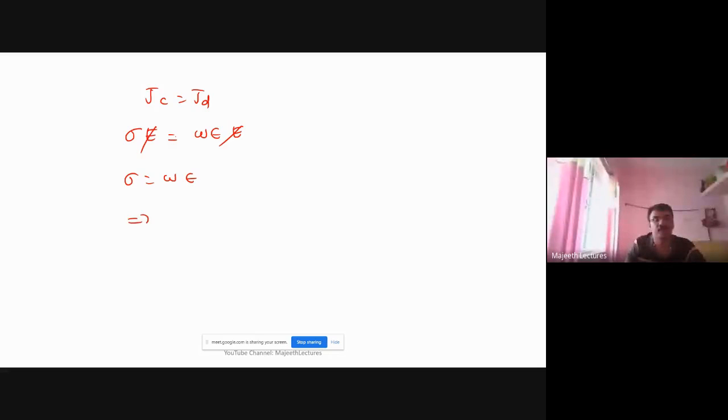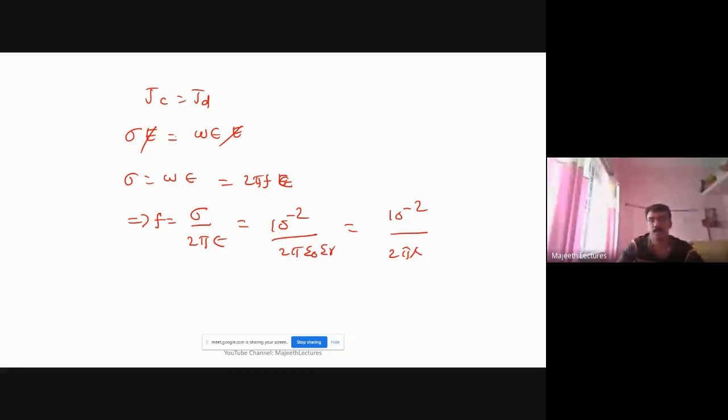This implies f is equal to sigma by, writing omega as 2 pi f, 2 pi epsilon. Sigma is 10 power minus 2, divided by 2 pi epsilon naught epsilon r.